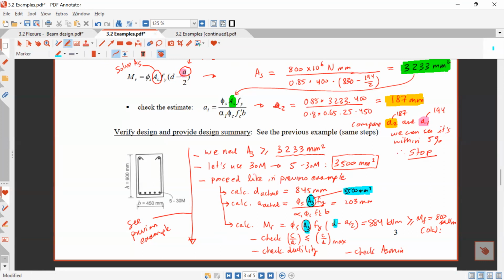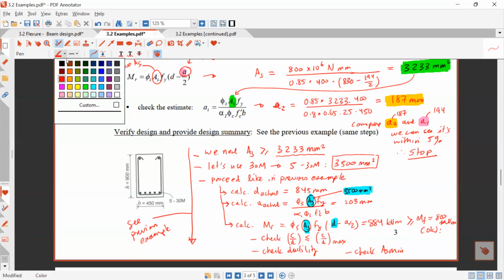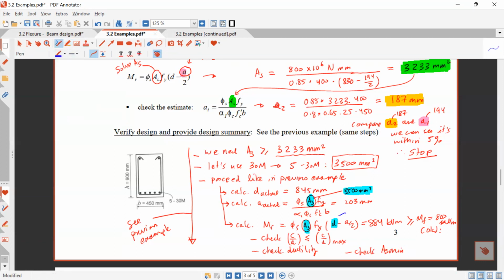And then here, you would also make sure to use D equals 845 millimeter. Other than that, it's the exact same thing. All right, hopefully that's clear. So that's another way to do this analysis.